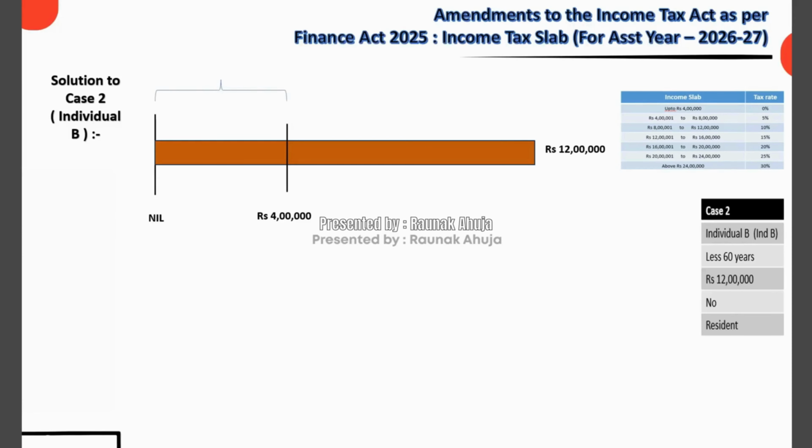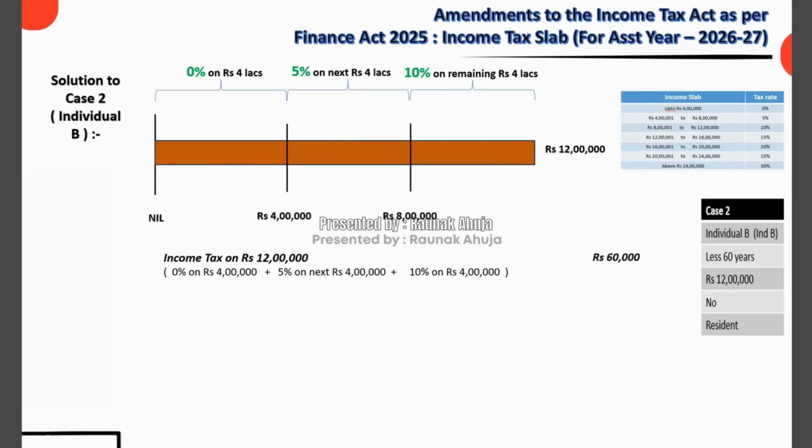So on the first 4 lakhs, it would be 0%. From 4 to 8 lakhs, it would be 5%, which is okay. Since the total income is 12 lakhs, thus on the remaining 4 lakhs as well, at the rate 10%. Income tax on 12 lakhs would be 60,000.